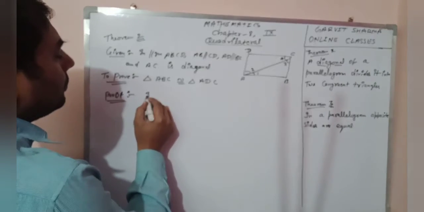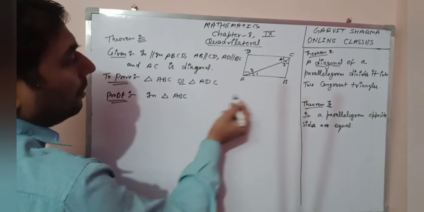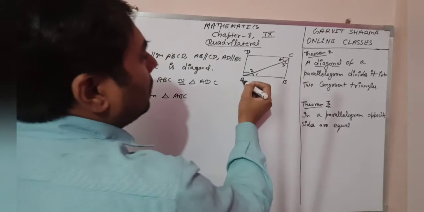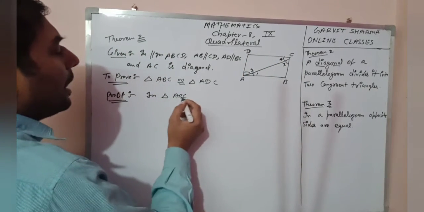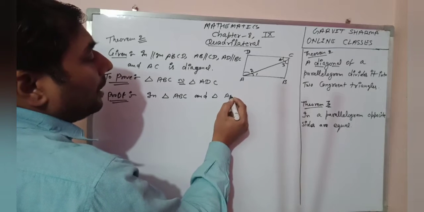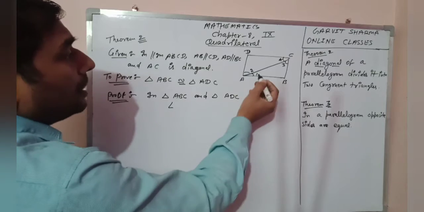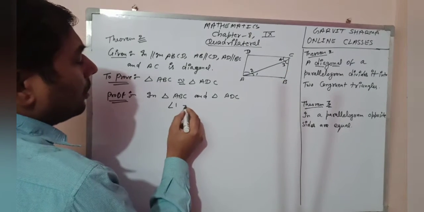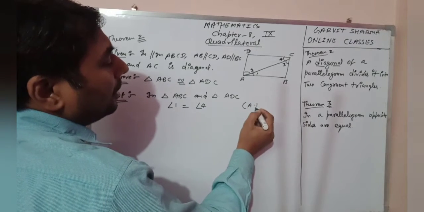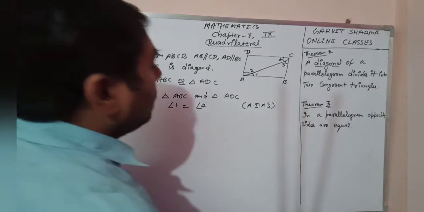We take two triangles. Triangle 1 is ABC and triangle 2 is ADC. In triangle ABC and triangle ADC, angle 1 is equal to angle 4, alternate interior angles.